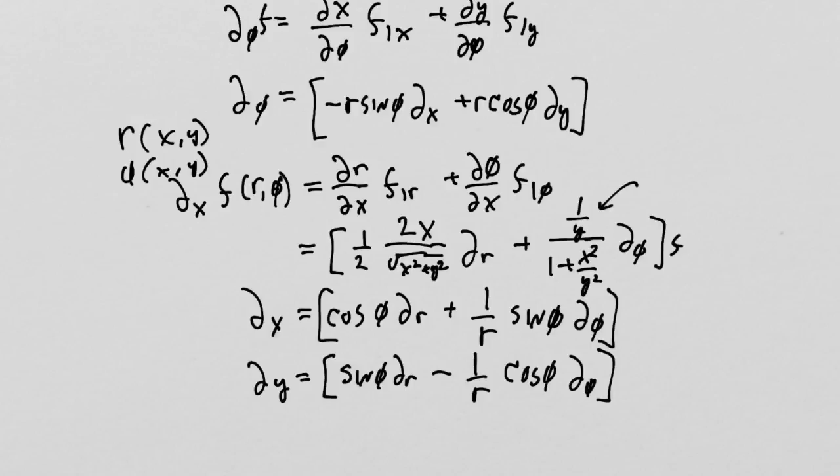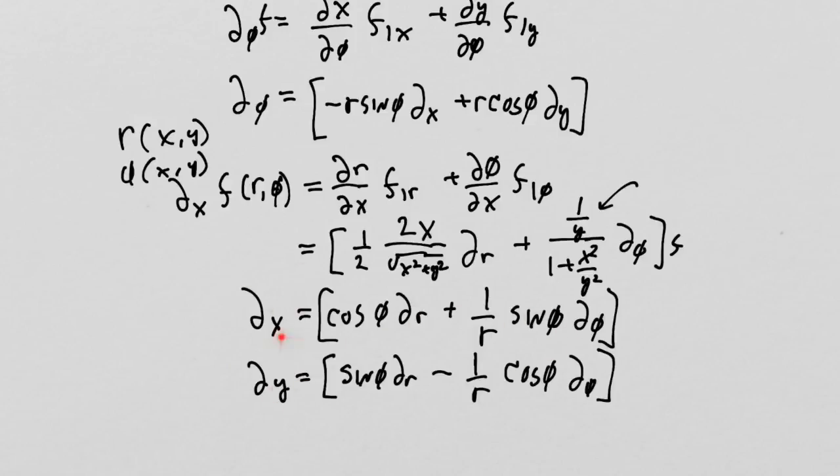But anyway, what you have to do here, of course, is recognize that x squared plus y squared equals r squared. So you have x over the square root of r squared, so you have x over r, and you have to recognize that x over r is the cosine of phi. You want this whole side to be in terms of the coordinates of the system you're using.